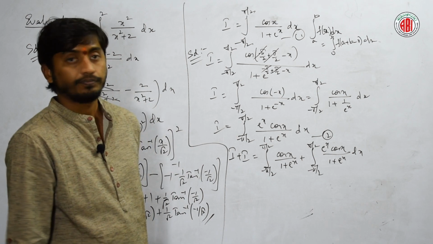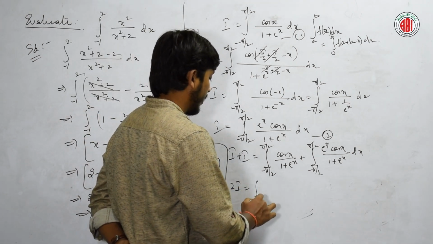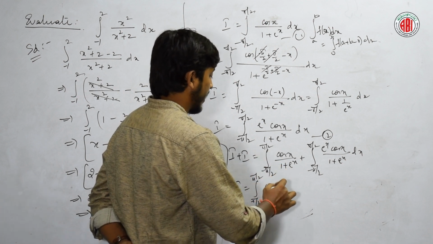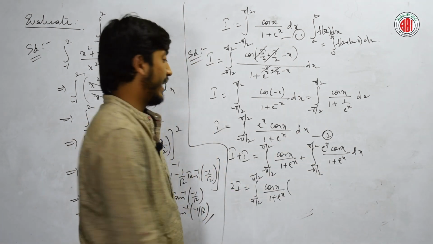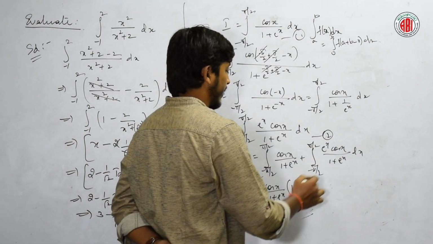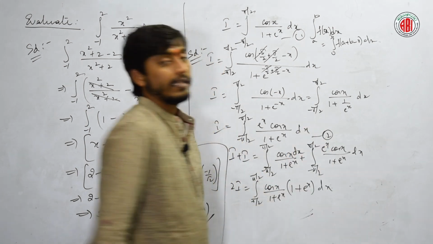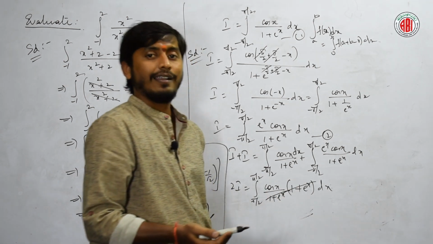So 2I is equal to integral from minus pi by 2 to plus pi by 2 of cos x by 1 plus e power x as common. So I will get 1 here and here e power x dx. Is it? Now, if we observe, these both will get cancelled, right.